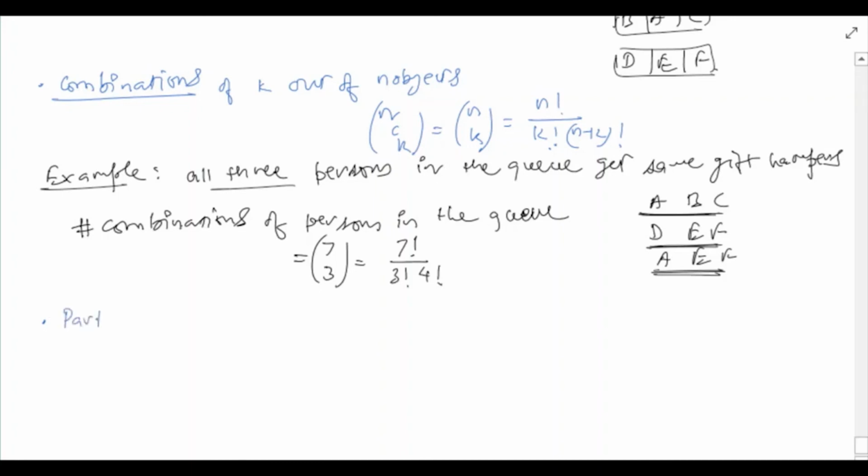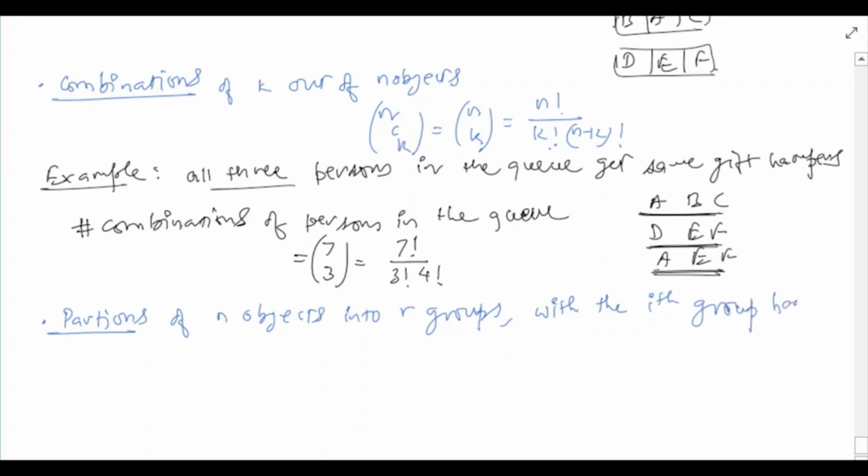So now we look at partitions to more than 2 groups, partitions of n objects into r groups, and say the ith group can have ni objects.